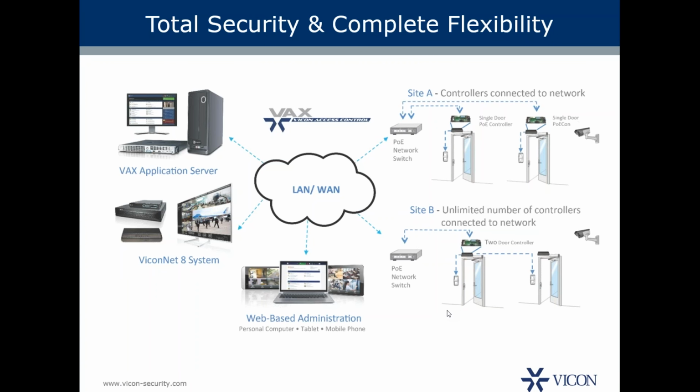So as you can see here, what we depict as Site A and Site B. You can also integrate with video management systems, not only our system, but others, as Fred has mentioned. And also, the important thing to note here is that you have one application server that's connected to, again, an unlimited number of controllers, and you can have an unlimited number of users and cardholders.